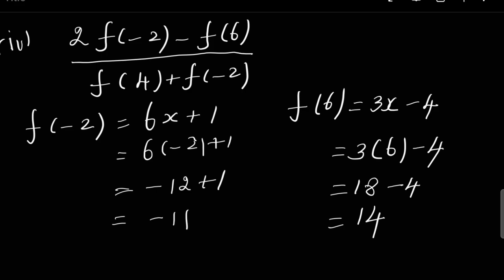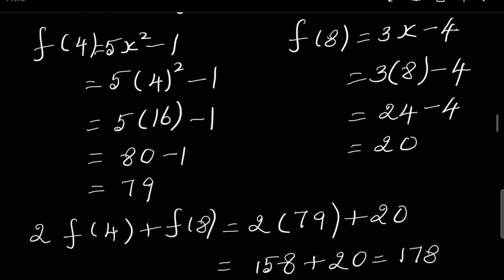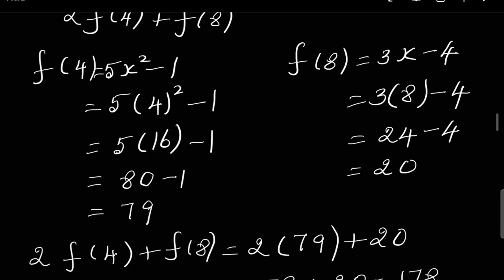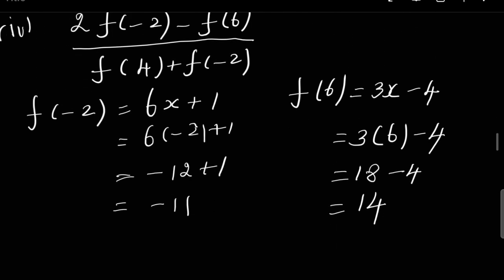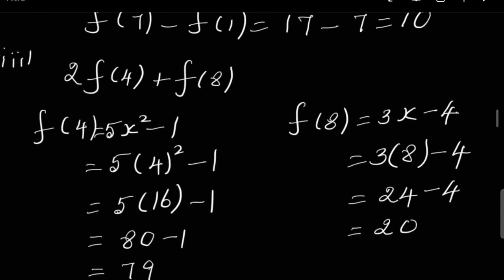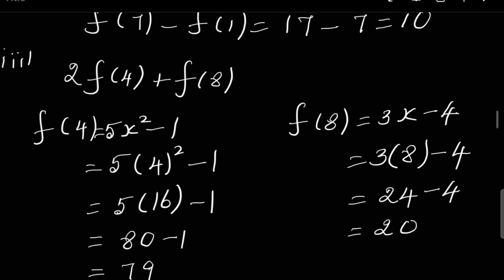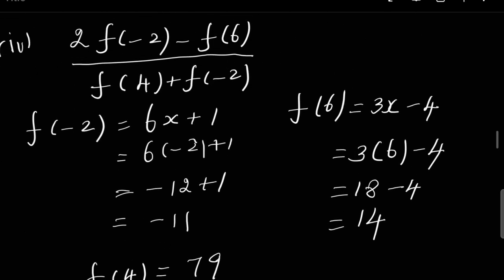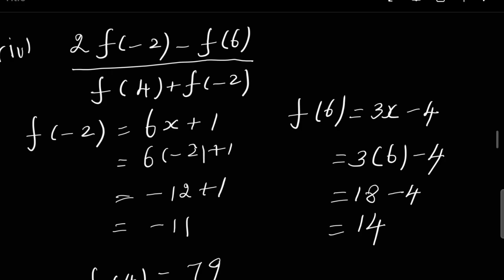See this f of 4 value. In the previous sum we got f of 4 as 79. You can use that. F of 4 is equal to 79. And also f of minus 2, the same value.